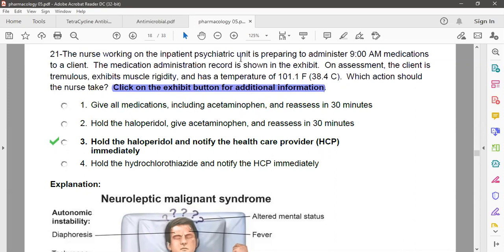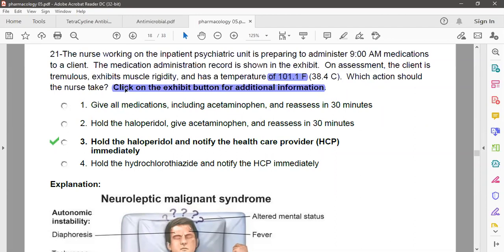right? So they said the patient takes haloperidol as an antipsychotic. On assessment, the client is tremulous, meaning tremor, also has muscle rigidity and a body temperature more than normal, 101 degrees Fahrenheit, right?